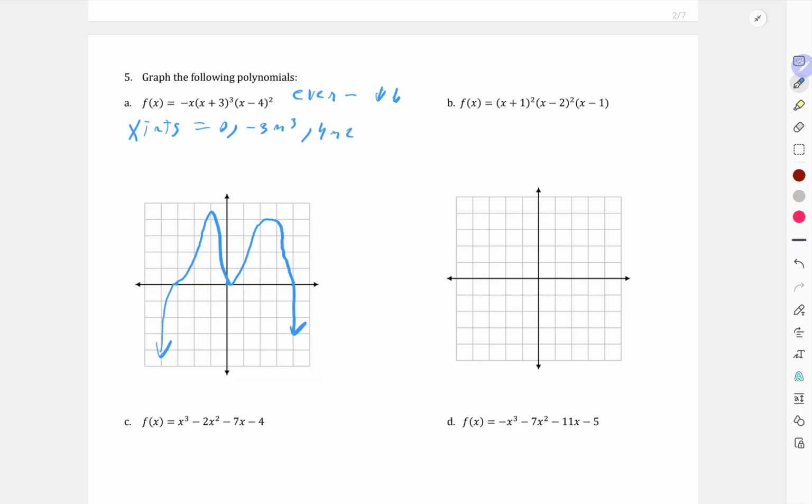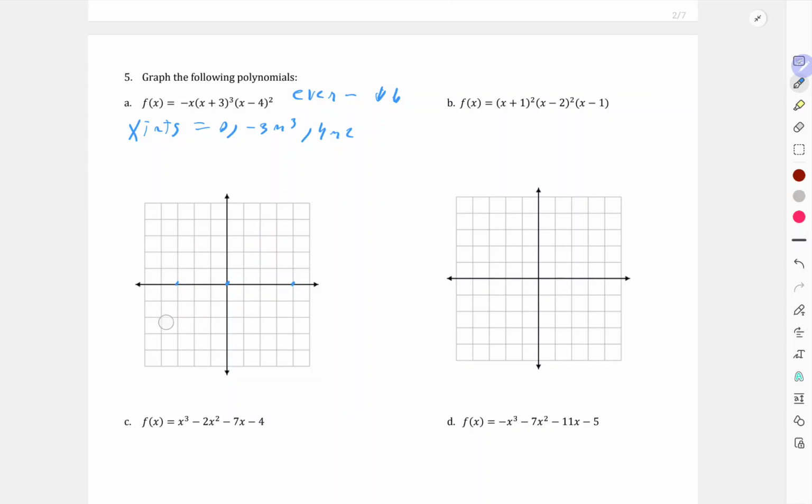And as I plug this into my answer checker, I will know shortly if I actually graphed this correctly. Now let's see. As I check it, yes, it is not correct, because it goes here, wow, it goes out of its way to do this.